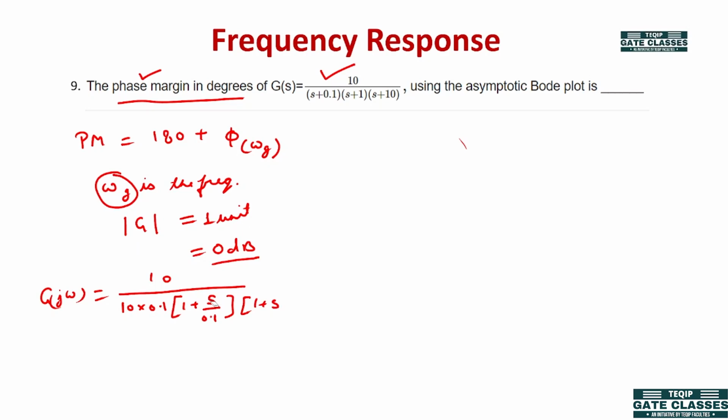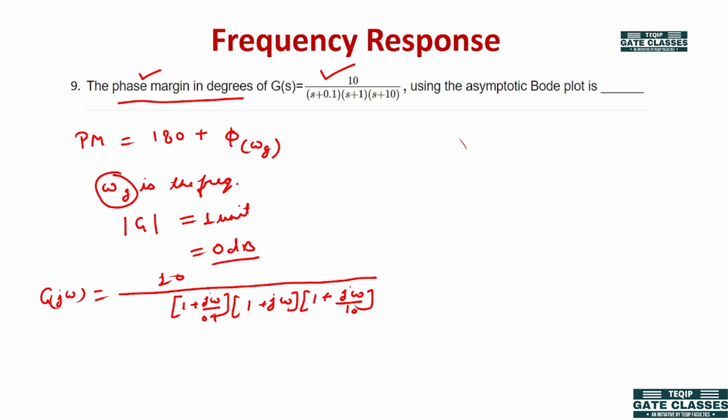We can replace s by j omega, so 10 into 0.1 into 1 plus j omega by 0.1, 1 plus j omega, and 1 plus j omega by 10. If you multiply this 10 into 0.1, this would become 1. So again the K is 10 only. So we have 10 divided by 1 plus j omega by 0.1.